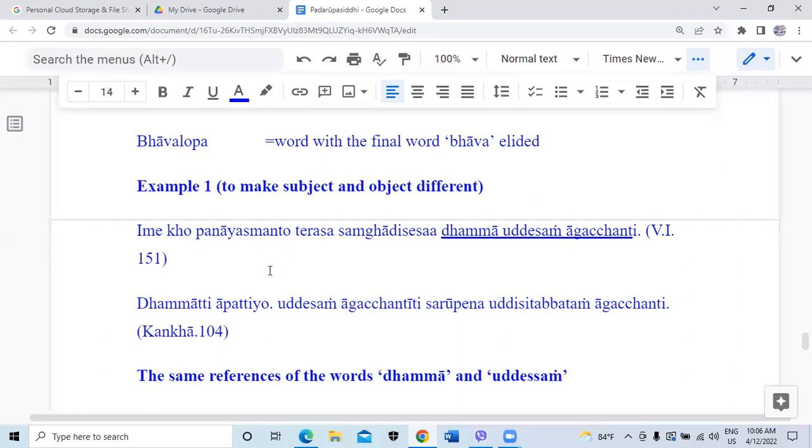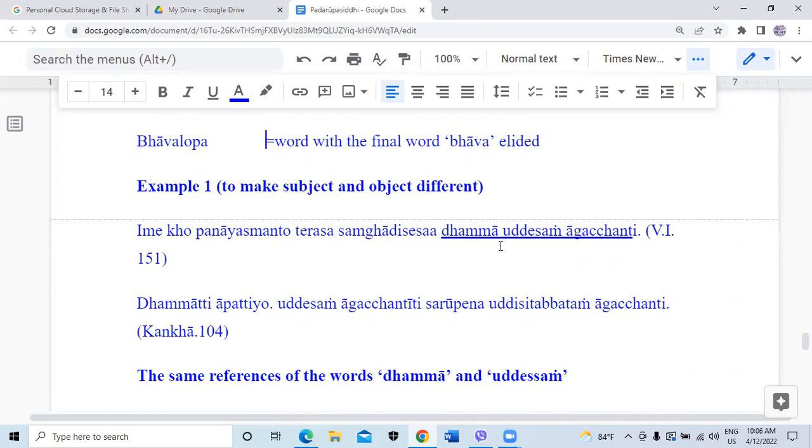Ayasamanto is an addressing word. Imiko terasa sangadisisa dhamma, these are the subject. These 13 sangadisisa, we can say dhamma, offenses. Reach what? Uddesa. Arrive at uddesa, by being recited, it should be.